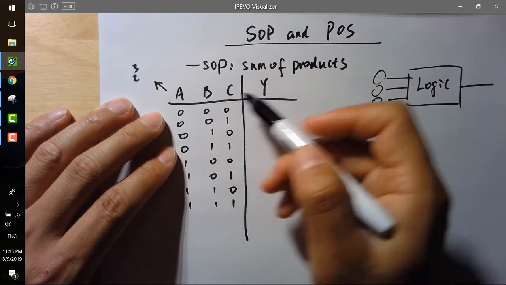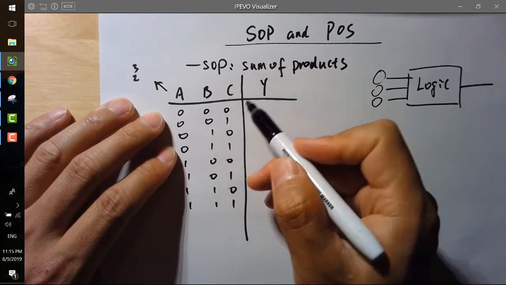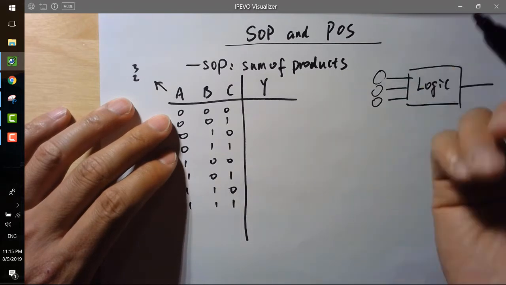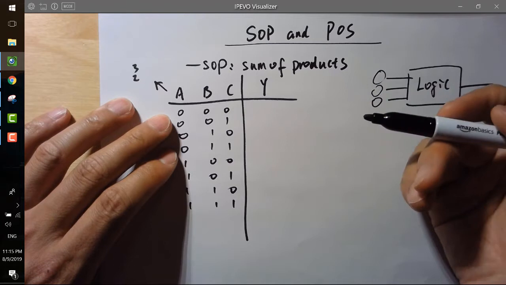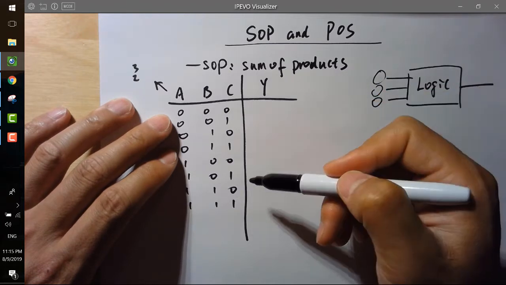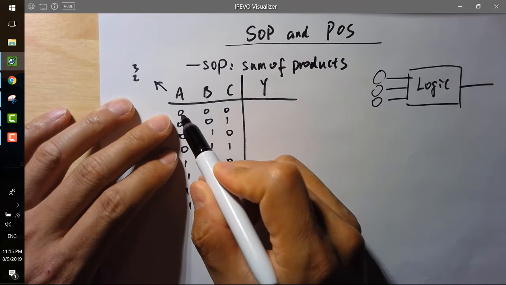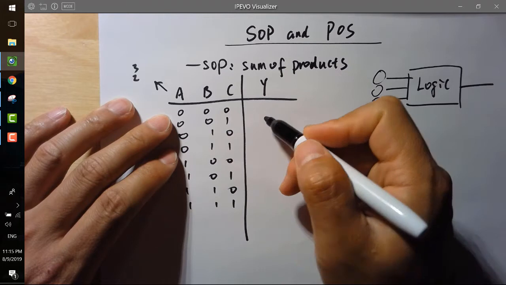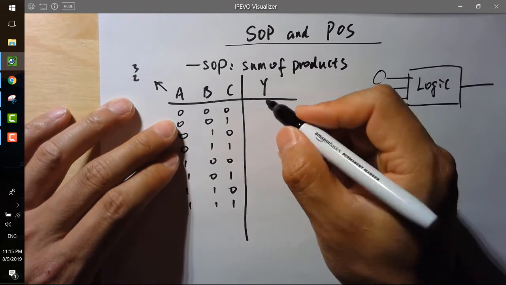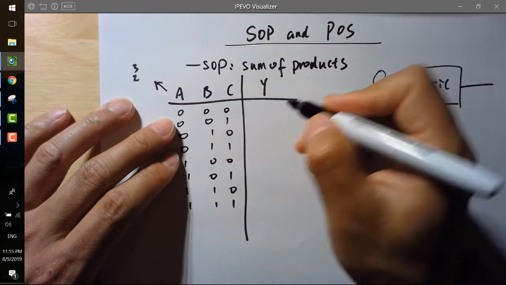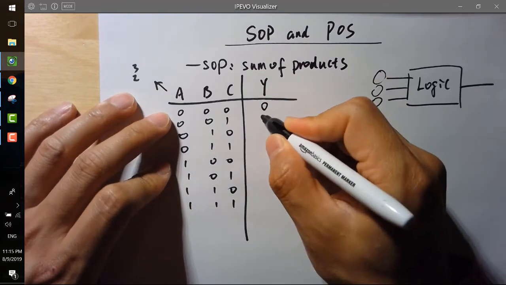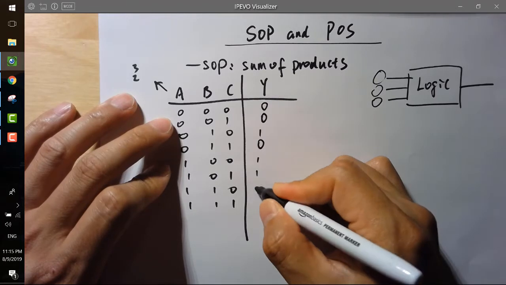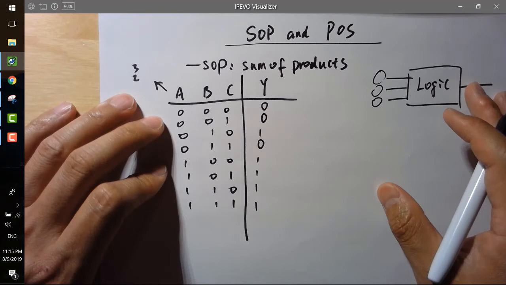And we don't know what the logic is here, but the customer has already told you, I need a circuit. They're telling a computer designer to design this kind of logic. When the system has these inputs, you need a certain specific output from the system. This is a requirement from the customer, for example. So here has to be 0, here has to be 0, 1, 0, and all the rest of them are 1s, right?